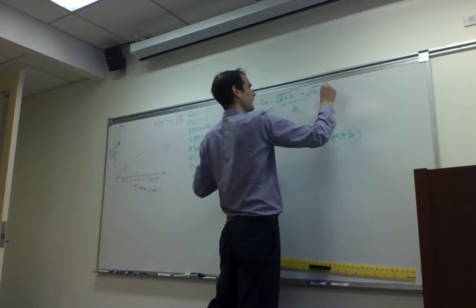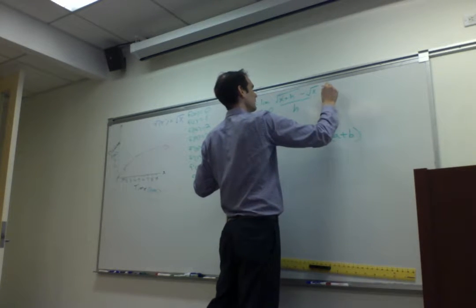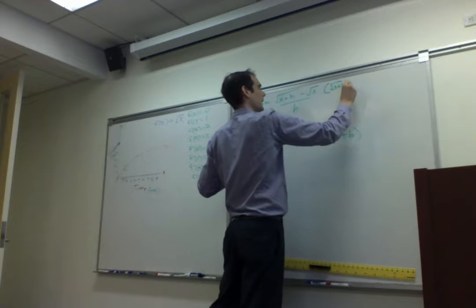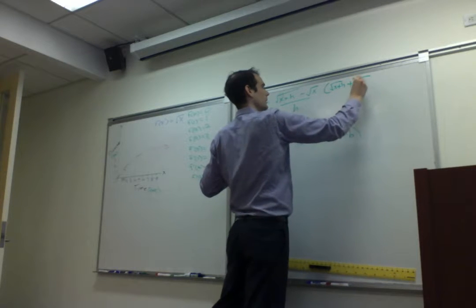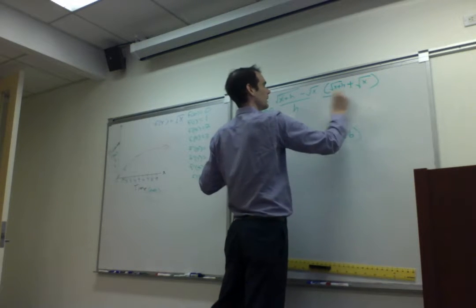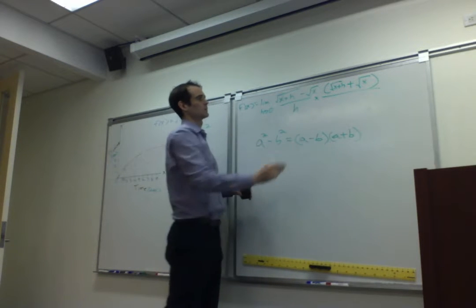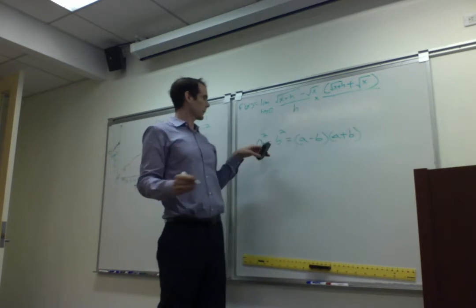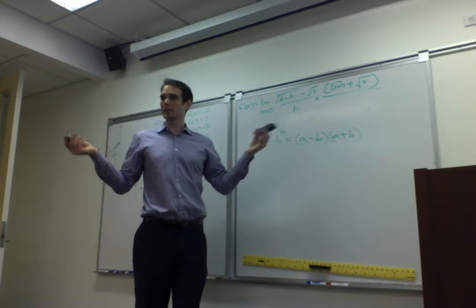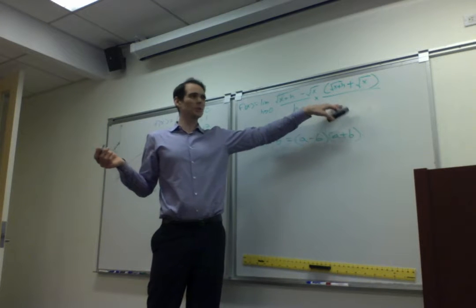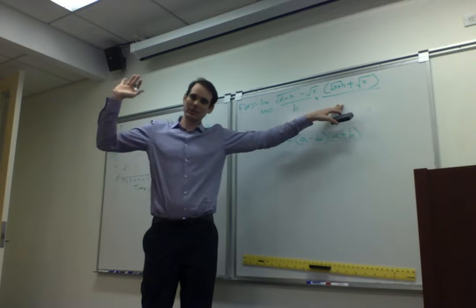So let's multiply that by the square root of x plus h plus the square root of x. Right? So that takes care of the top. All right, we're going to multiply. And then we're going to be able to put it in a squared minus b squared on the top, right? We'll get rid of these radicals. Now, but what do we have to do with the bottom, though, to make this legit?